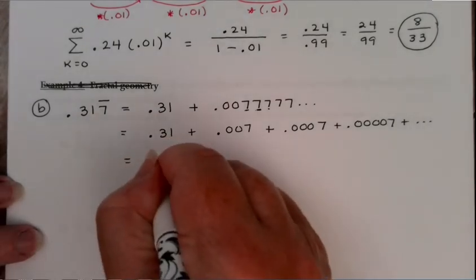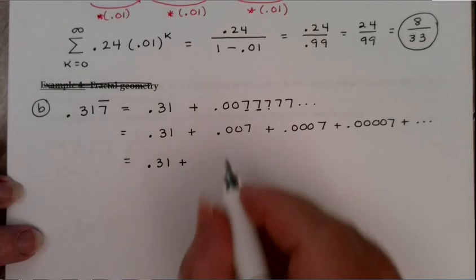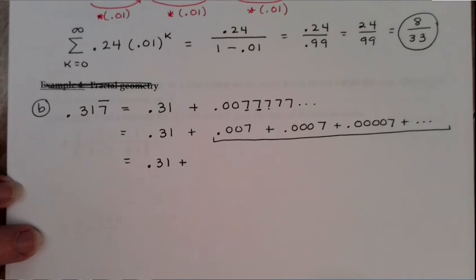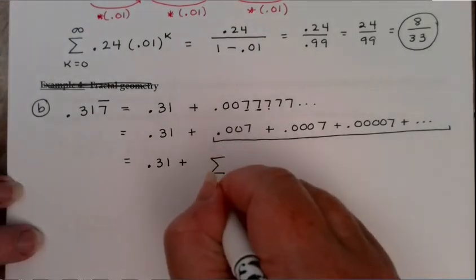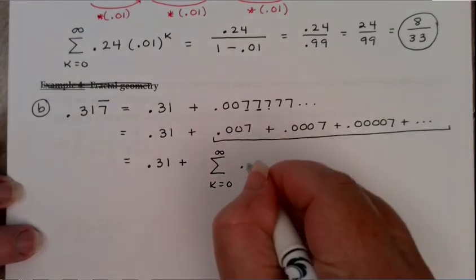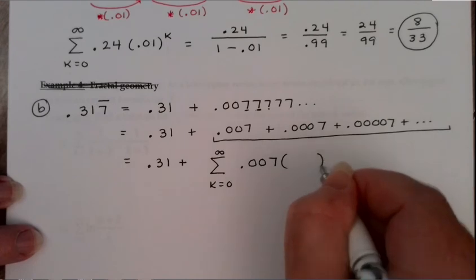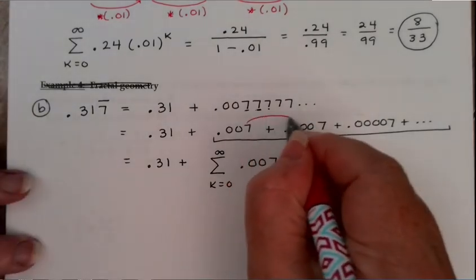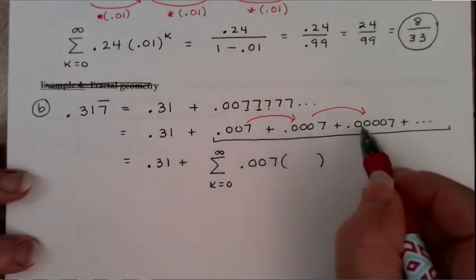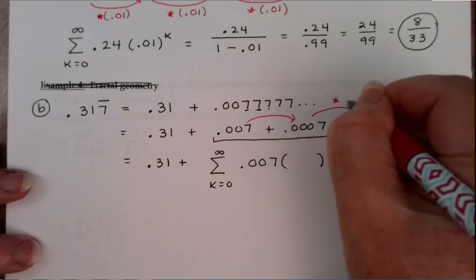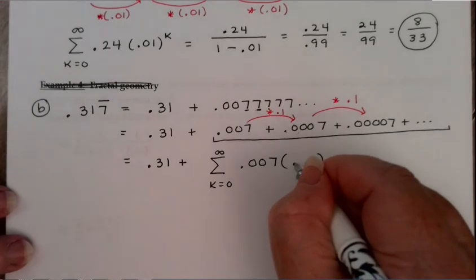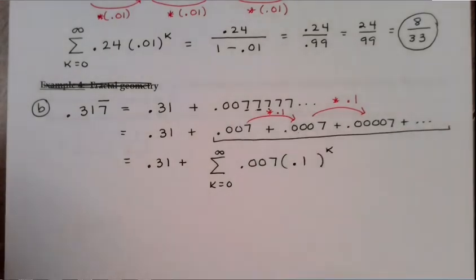So I've got 0.31 plus, I'm now going to translate the rest of this into an infinite series. My A value is my starting value, 0.007. And then notice, to go from one term of the series to the next, we're always moving our decimal left 1. So that would be a multiplier of 0.1. So my R value here is 0.1 to the k power.